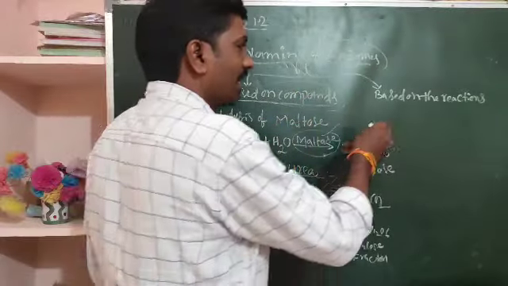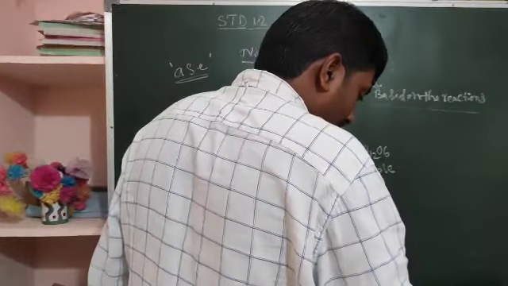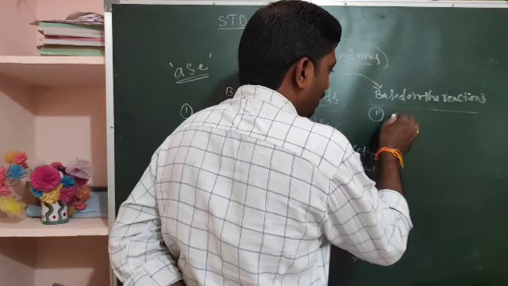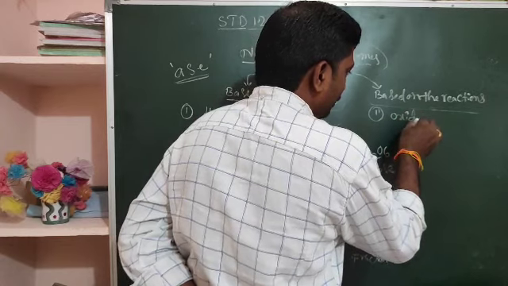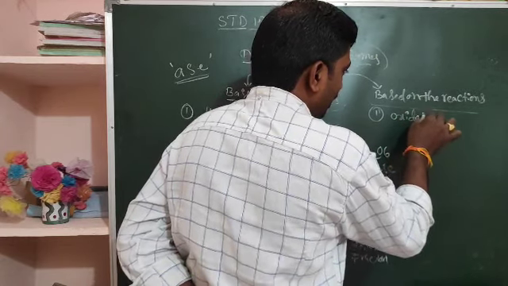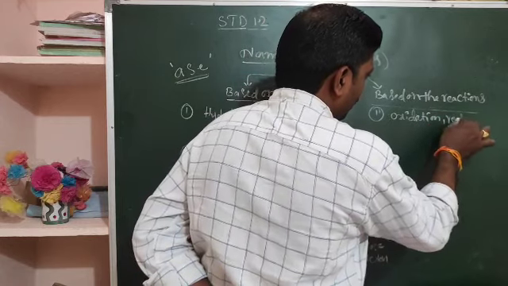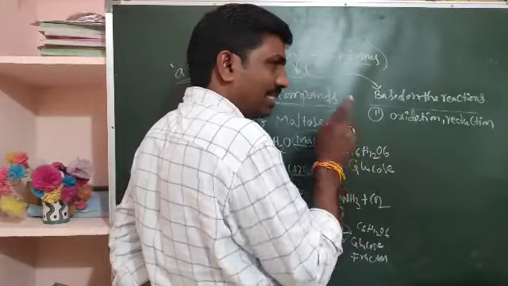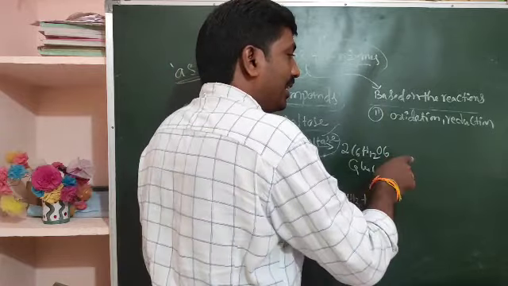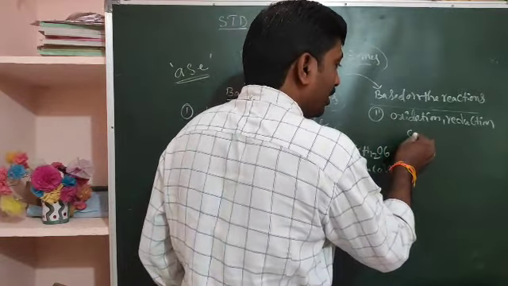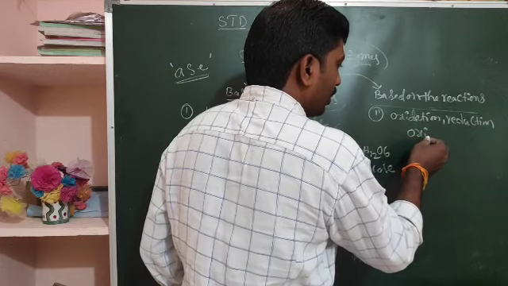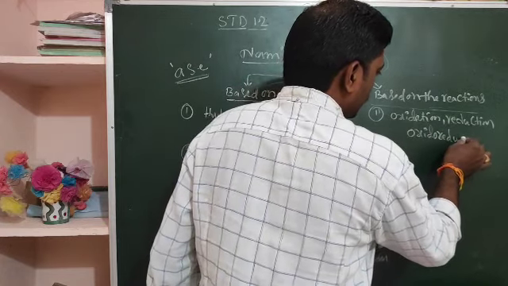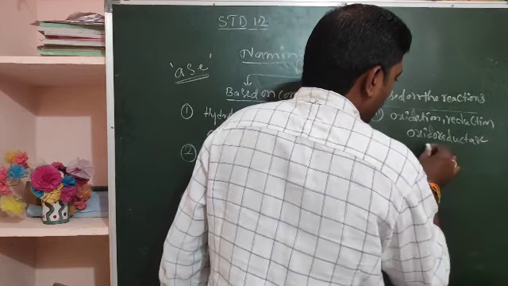Now, based on the reaction, there are some types. If the reaction is redox, where both oxidation and reduction are involved in one single reaction, the enzyme is called oxidoreductase.